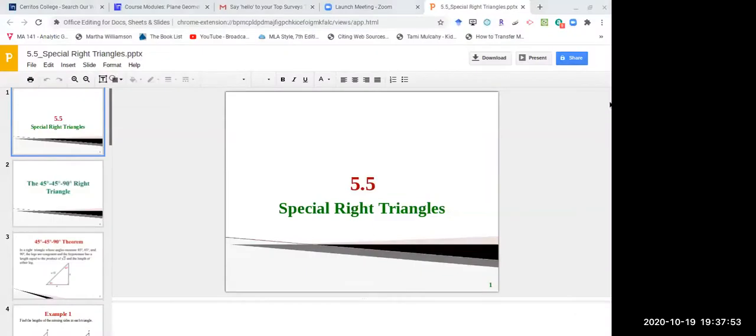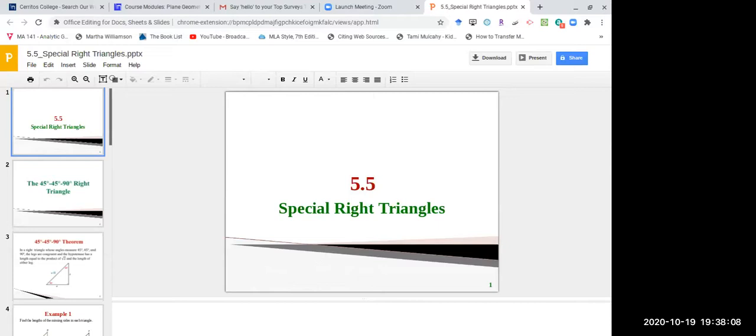Another thing that I wanted us to pay attention to was in section 5.5, special triangles. You might remember those are primarily the 30, 60, 90 and the 45, 45, 90 right triangles.